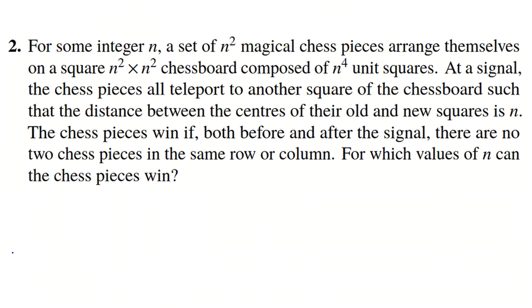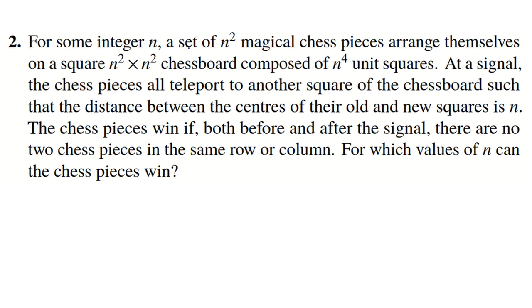Okay, so let's read the problem. For some integer n, a set of n squared magical chess pieces arrange themselves on a square n squared by n squared chessboard composed of n to the 4 unit squares. At a signal, the chess pieces all teleport to another square of the chessboard such that the distance between the centers of their old and new square is n.